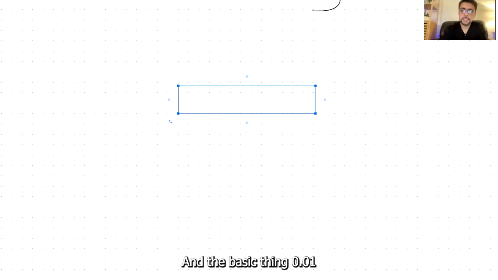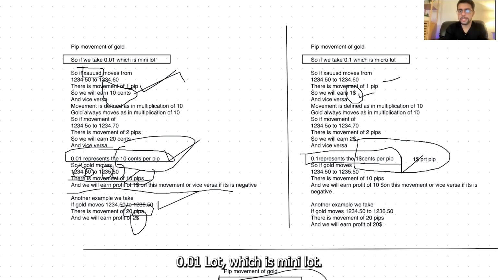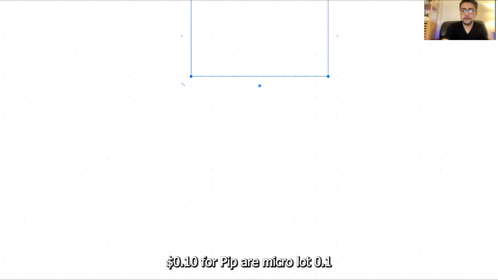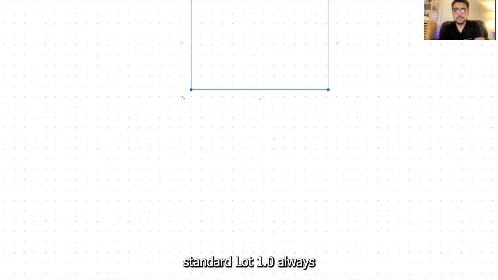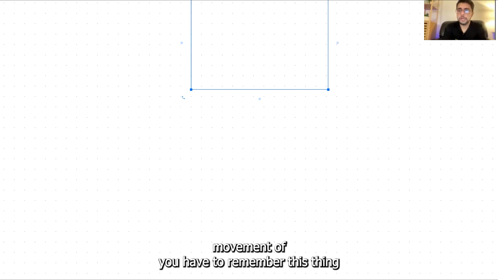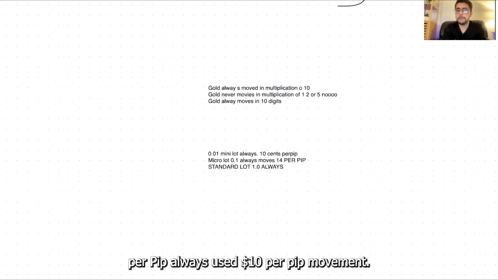And the basic thing, 0.01, the mini lot, always represents 10 cents per pip. Our micro lot 0.1 always moves $1 per pip, and our standard lot 1.0, you have to remember this, always takes $10 per pip.